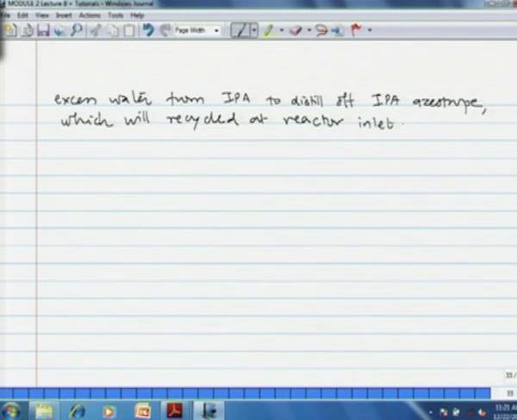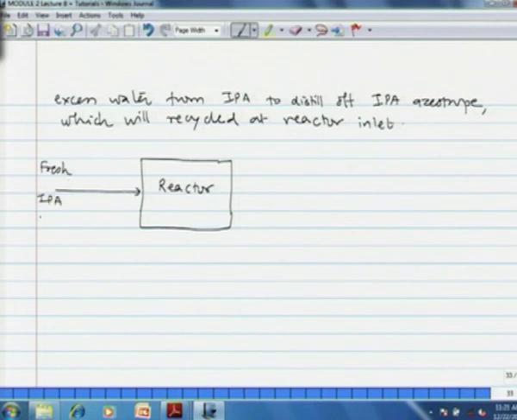So, now we can very easily draw the recycle structure of this particular flow sheet. We have first the process or the reactor. Okay. The feed to the reactor will be the fresh IPA azeotrope. Then the reactor effluent should enter a separation system.